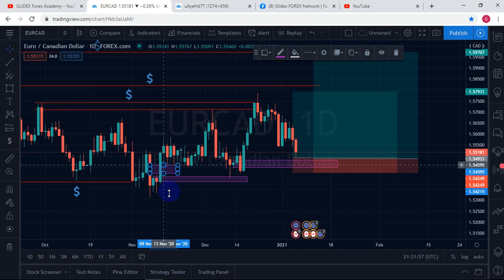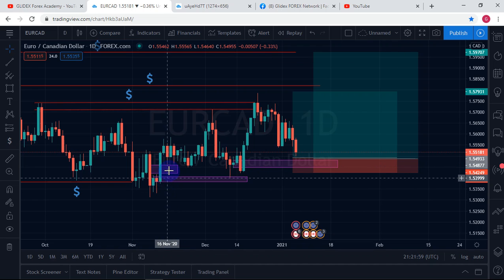So price created an imbalance, or you call it a fair value gap, FVG. There was no sell side into this, so it was just bullish all through this day.